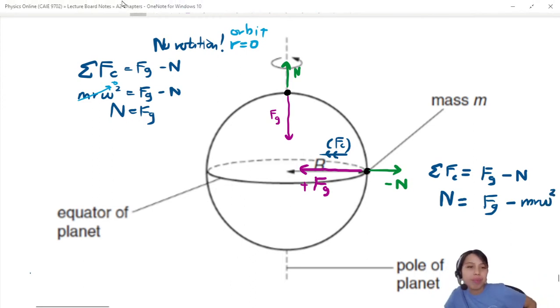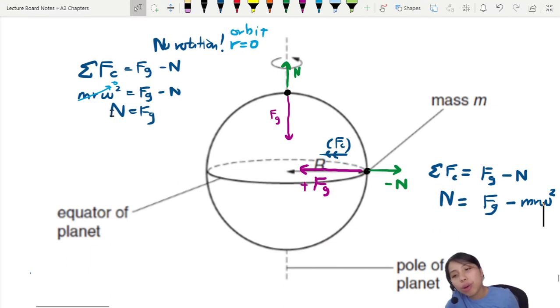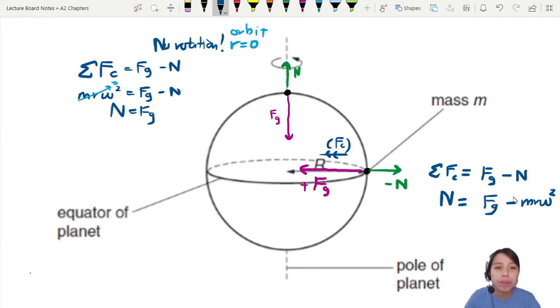See the difference? So which one do you think has a larger normal force? Of course, this one. There's nothing to minus from the Fg, so your Fg is your normal force. Whereas if you're at the equator, Fg minus this centripetal force term is kind of like it swings you out a bit, so you feel lighter. So actually it's very interesting. At the poles, N is actually what the weighing scale measures.